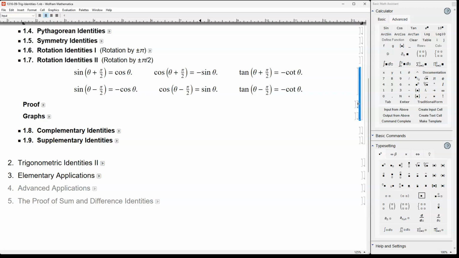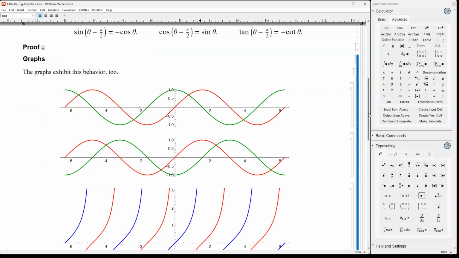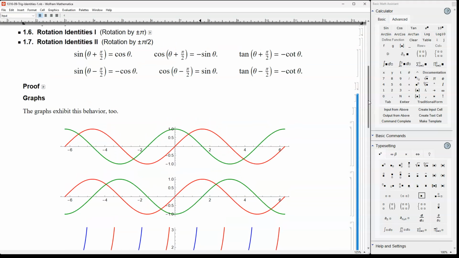And as for the graphs, can you see those behaviors? Red graph here, sine, and then shift it left by pi/2 to become cosine, so that's plus pi/2.